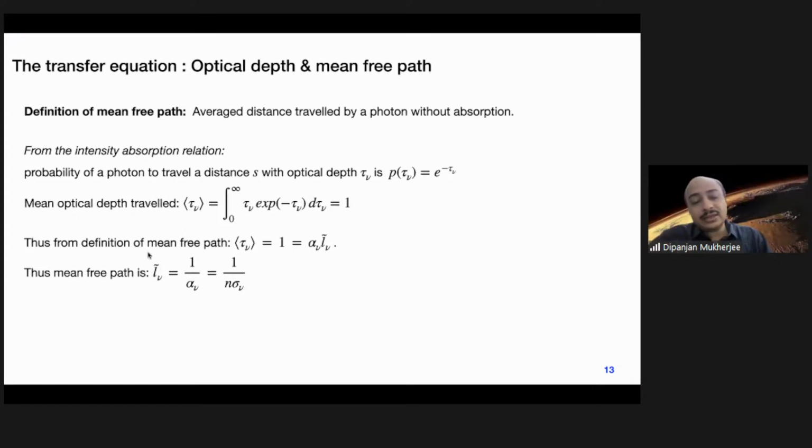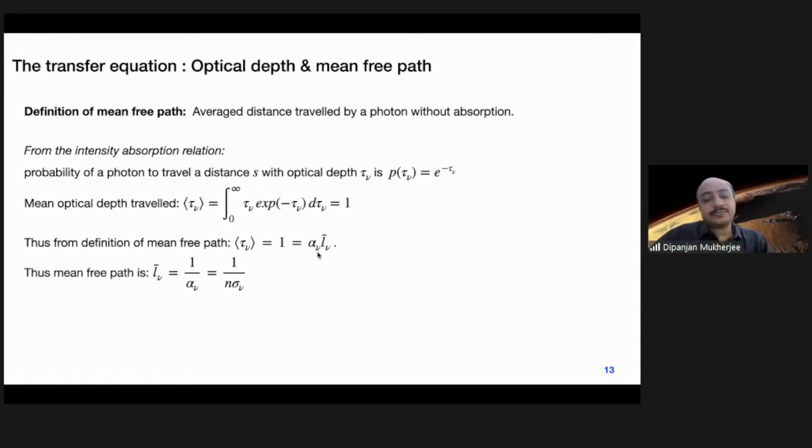So this nicely brings us to another feature, and many of you have learned it from the basic kinetic theory of gases, but this is another way of deriving this quantity, which is the mean free path. Since the mean optical depth is 1, we can also associate a mean length that is traversed by the photon without getting absorbed. So a mean depth of 1 is alpha nu times L average.